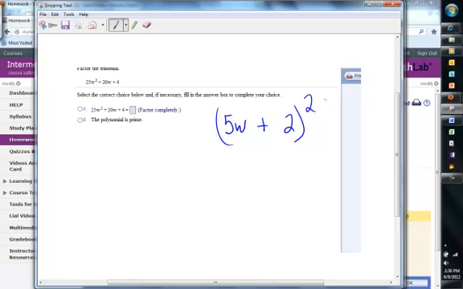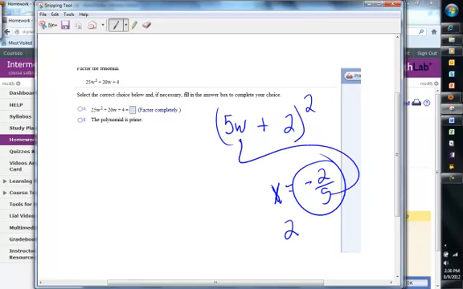On your calculator, if you entered mode 5, 3, if you entered 25 and 20 and 4, it'll say x equals negative 2/5. Since it's only got one x, and we know there are two answers, both answers are going to be the same thing.